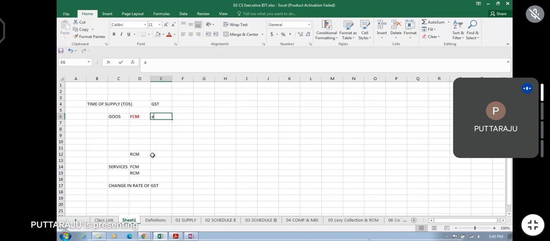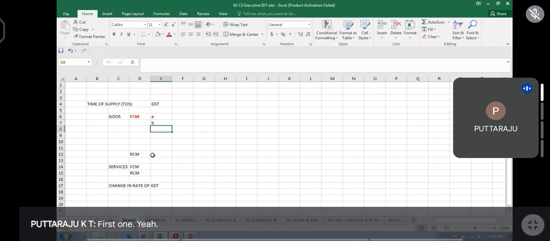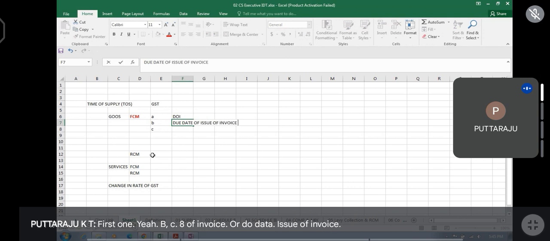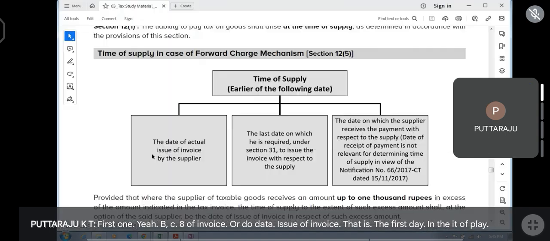First one, A, B, C. Date of invoice or due date of issue of invoice. That is 31st day on the date of supply. 31st day.